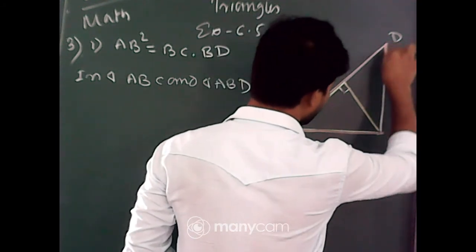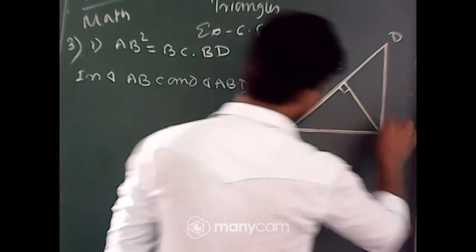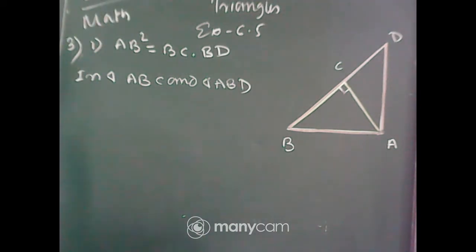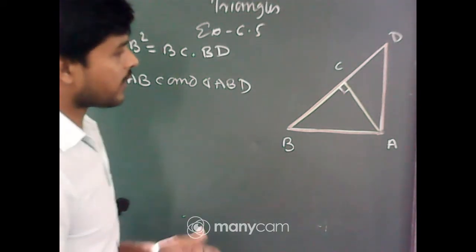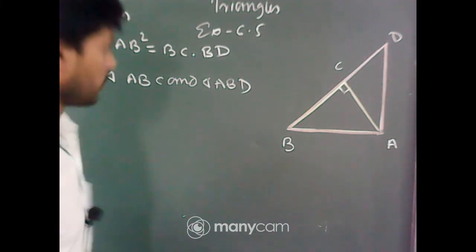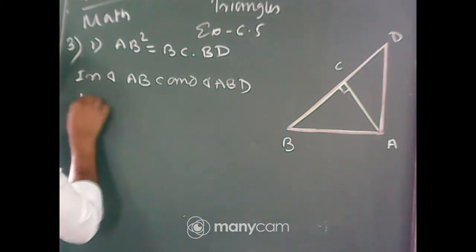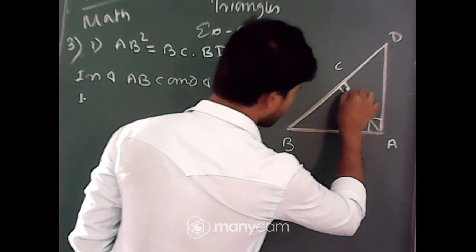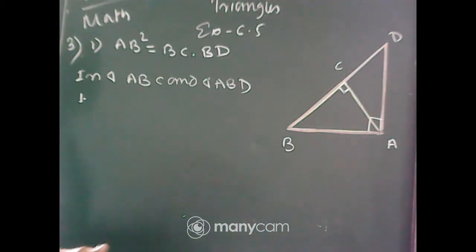I hope you can see the color, this triangle. We are considering this triangle, and we want to prove that the triangles are similar to each other. The first condition is this angle is equal to this angle. Why are they equal? Because both are 90 degrees.